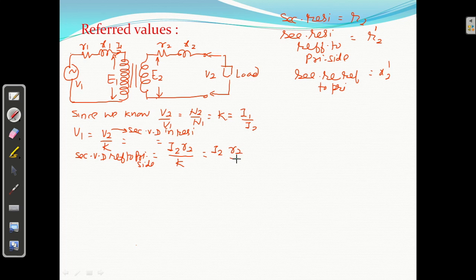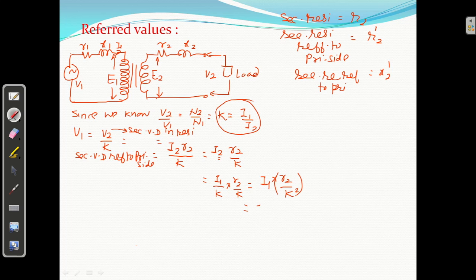I don't want I2, I want I1. Since we are referring to the primary side, what will I2 be? From here I2 equals I1 upon K. So you can write I1 upon K into R2 upon K, equal to I1, the primary side current, into R2 upon K square. This is K square. Clear?